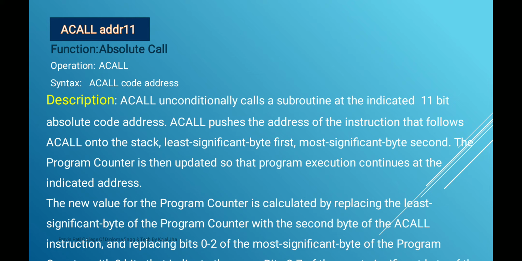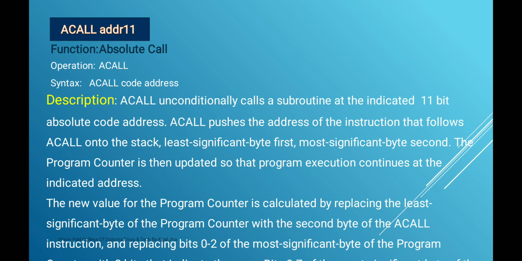The program counter is then loaded with the indicated address, so that program execution continues there. If we see the examples here, bits 3 to 7 of the MSB of the program counter remain unchanged. Only 11 bits of the program counter are changed by the ACALL instruction.